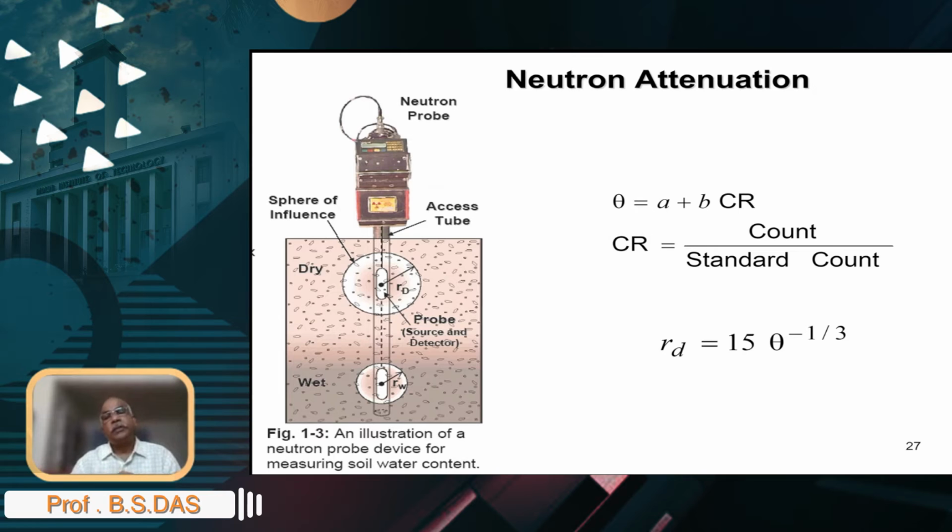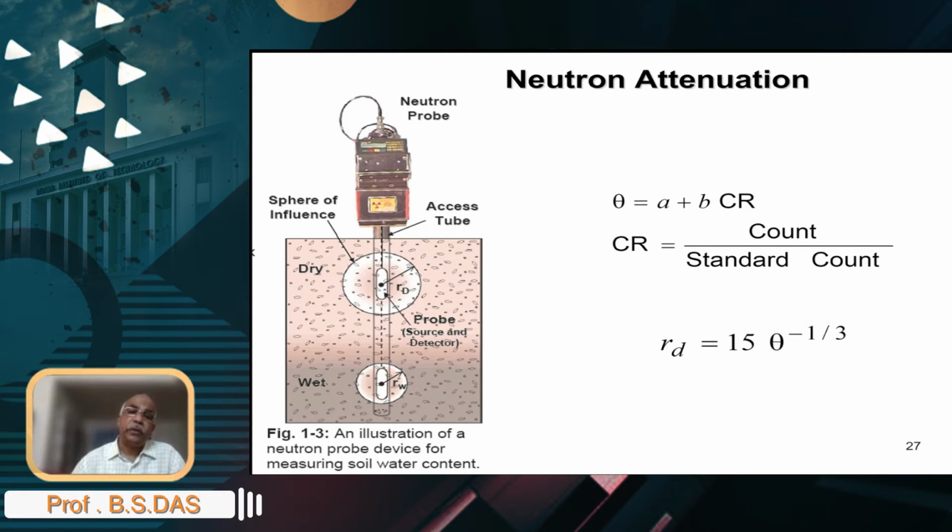The count is basically the number of slow neutrons, and the standard count is the number of fast neutrons you released as the radioactive source is activated. Water content is essentially used as a linear function of this count ratio.